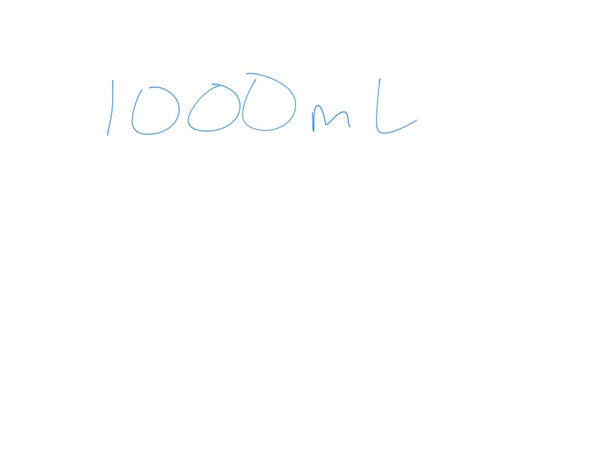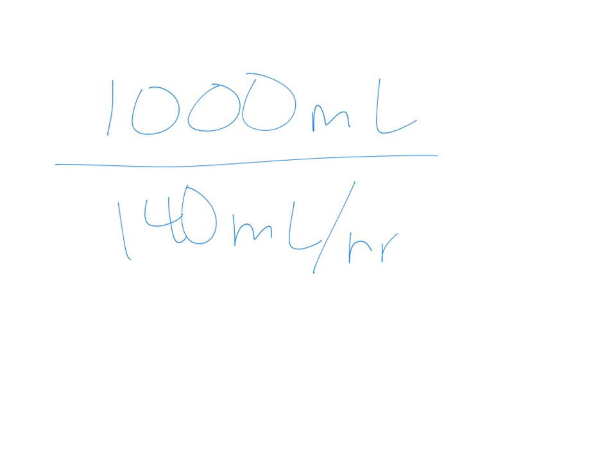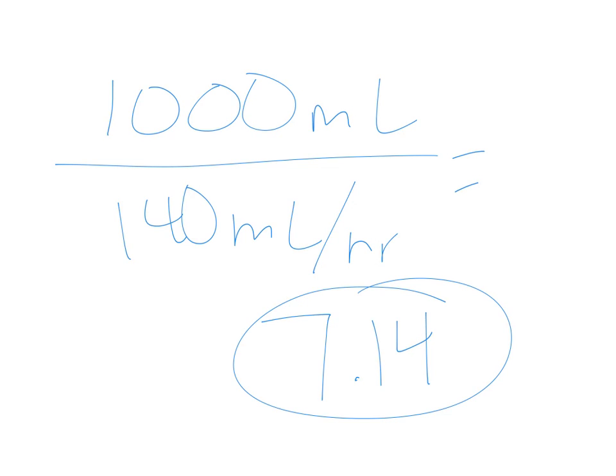And I need to infuse at a rate of 140 milliliters per hour. In dividing this out, the reason I wanted to show you this is because 1,000 divided by 140 is 7.14. Correct answer. That's what I'm looking for on the final. You can give me that answer in decimals.